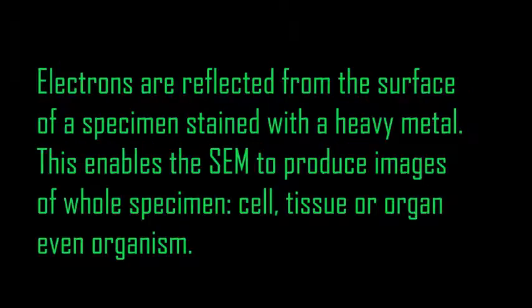Electrons are reflected from the surface of the specimen stained with a heavy metal. This allows the scanning electron microscope to produce images of a whole specimen, for example, a cell, tissue, or organ.